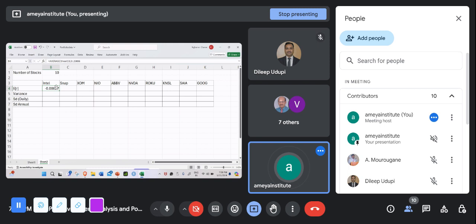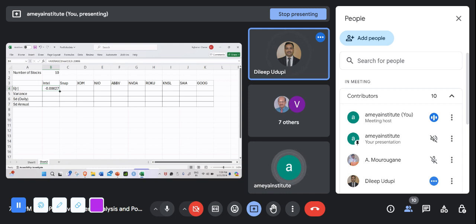Did you get the returns? Average return of Intel. Right, so now this is for Intel. We also want it for the remaining companies, right? This is the daily return, you mean? Yes, it's a daily average return.